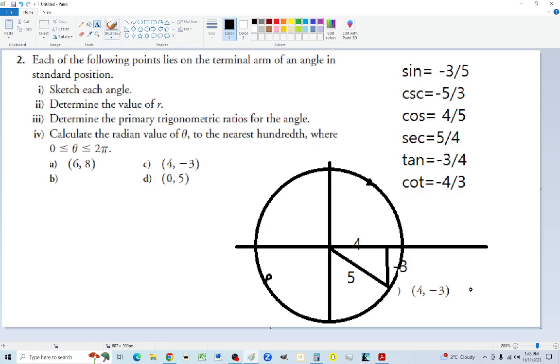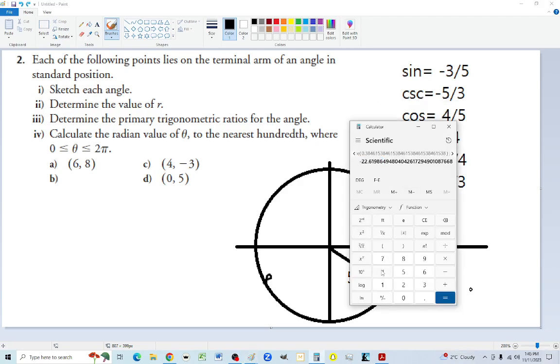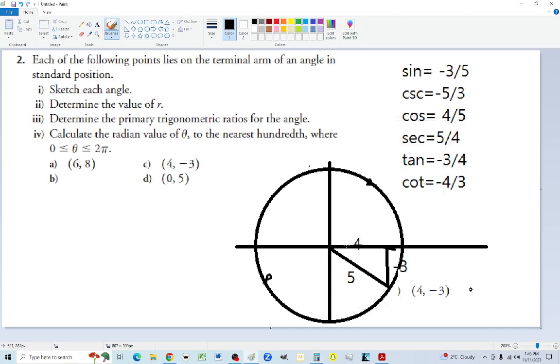Now, I'm going to use the positive value of cosine to discover the acute angle. So I take 4 over 5, and I take the arc cosine, and I get this acute angle of 36.87. But notice we're in this quadrant, so that's the acute angle there.